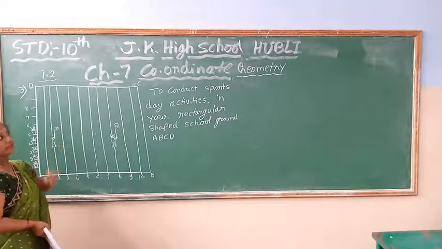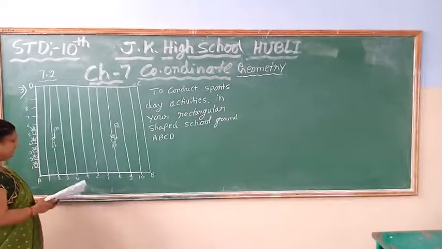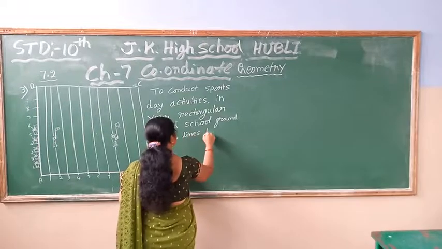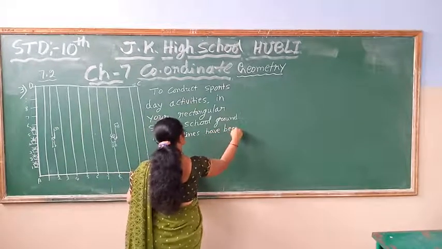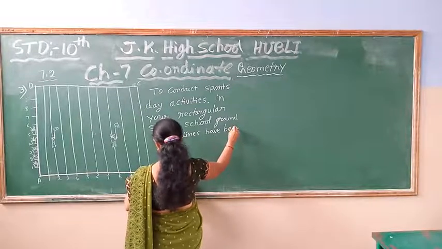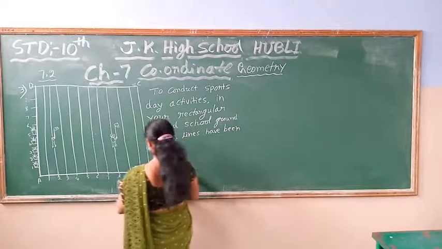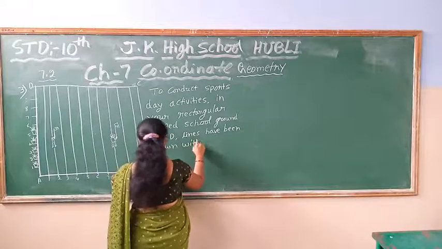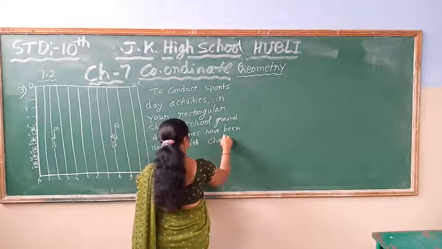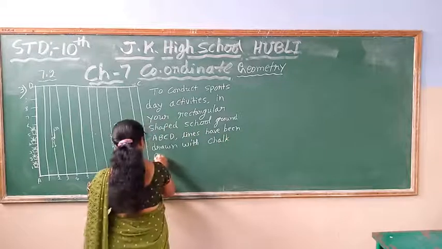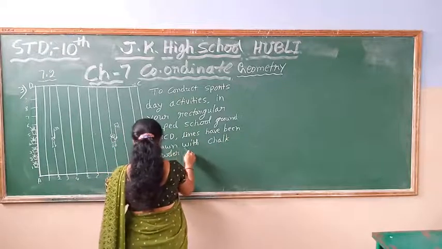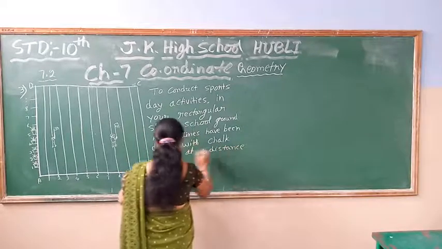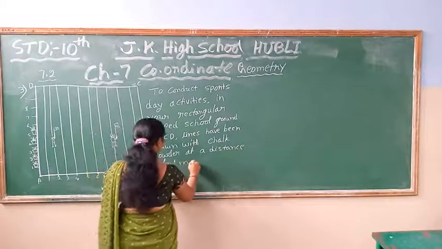To conduct sports day activities in a rectangular shaped school ground ABCD, lines have been drawn with chalk powder at a distance of 1 meter each.